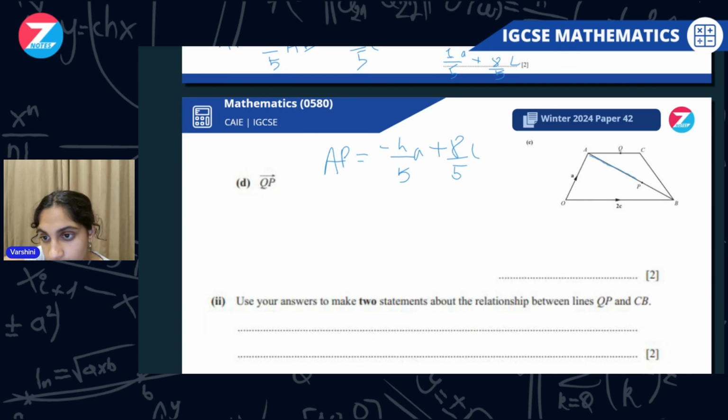And we want to go from Q all the way to P. And we know this, so now we just need to find QA. And remember, we know that QA, this whole thing is 4 by 5 of AC. And again, we found AC to be C. So that means this length is going to be 4 by 5 AC. It's going to be 4 by 5C. But as we're going backwards along QA, it's going to be the negative of that. So it's going to be minus 4 by 5C.